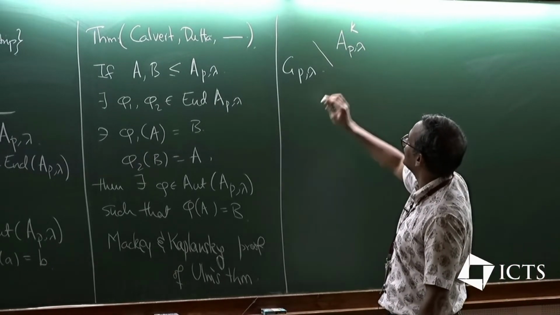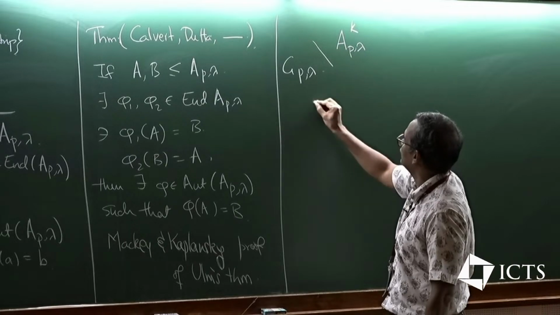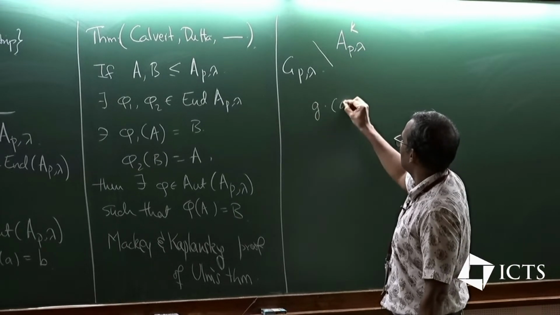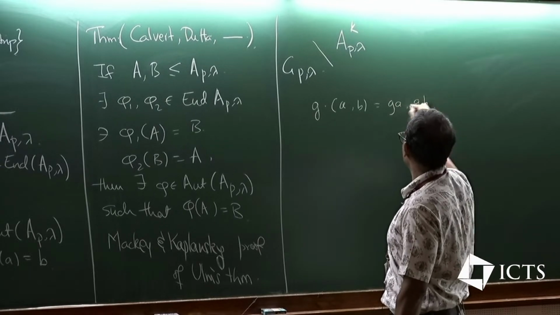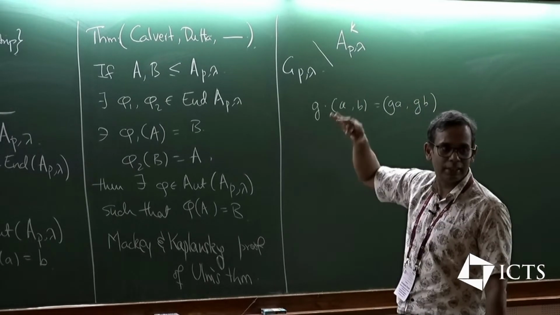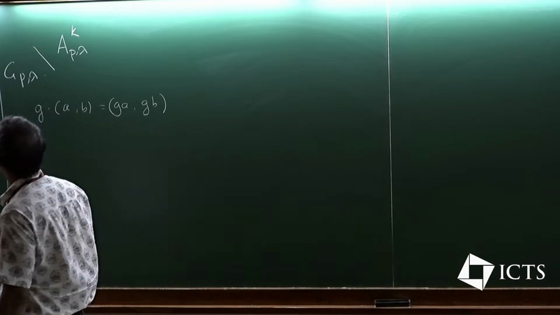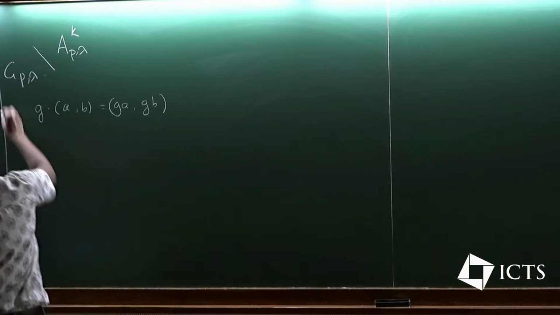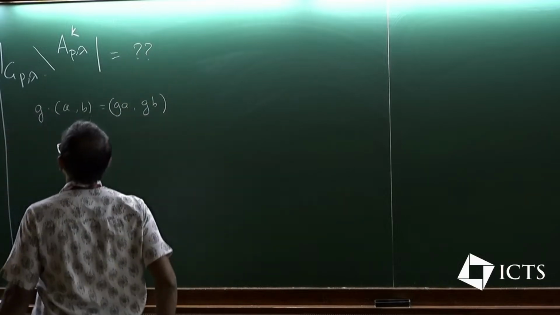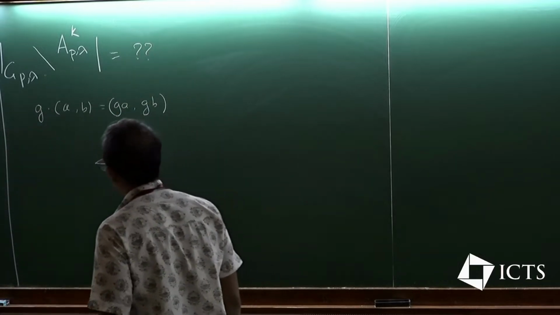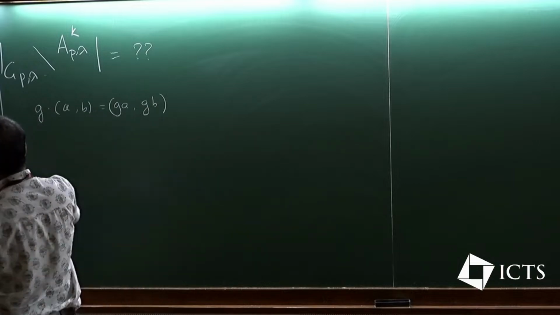So what I'm saying is that G acts on (A, B) by (gA, gB), the diagonal action, and you want to understand the number of orbits of this. So you could ask, what is this, right? So there's a similar theorem for pairs.